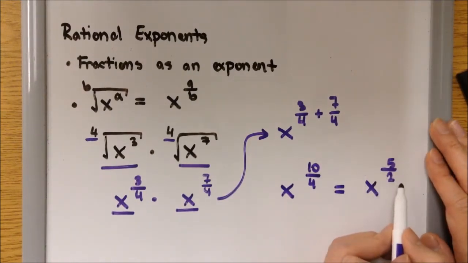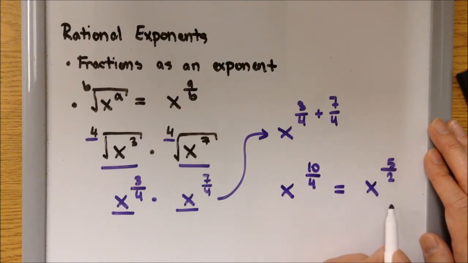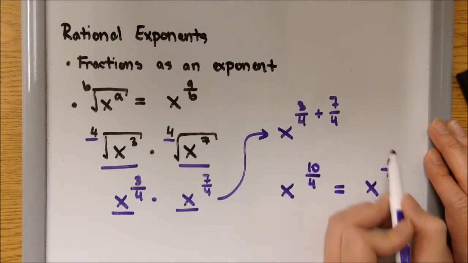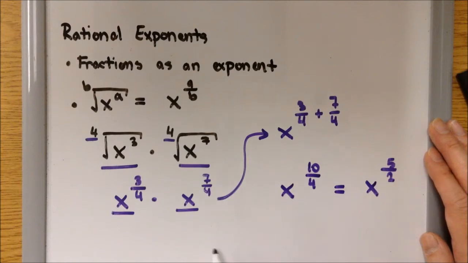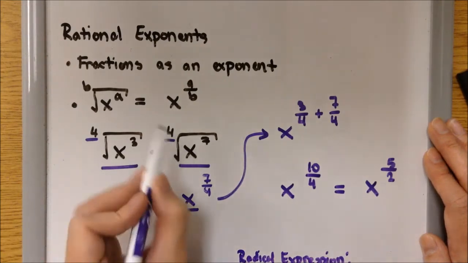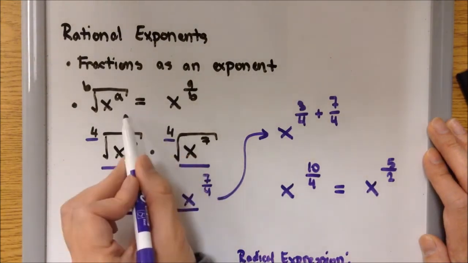So if I were to say, give me the rational exponents, this is where you would stop. Or give me the radical expression. So if I were to say radical expression, then you would just go back from this to this.